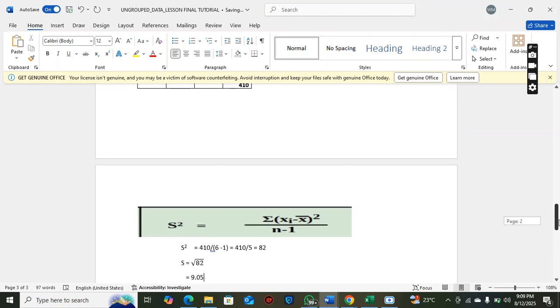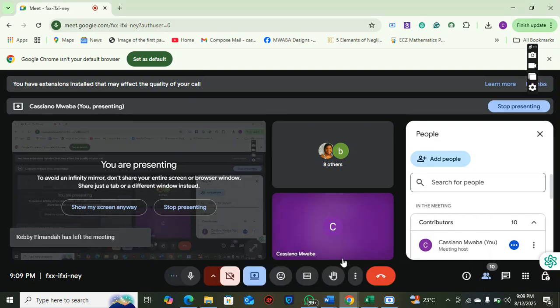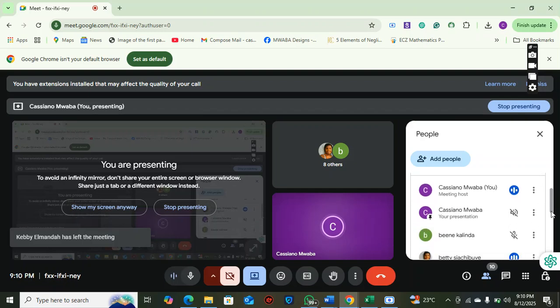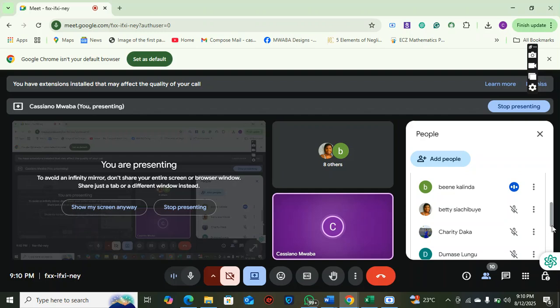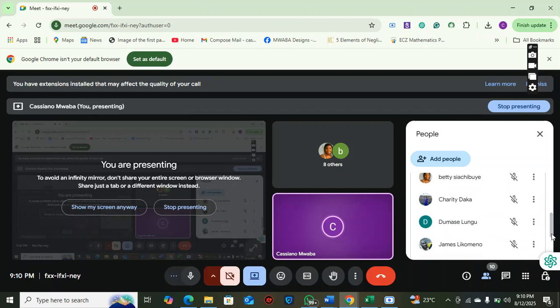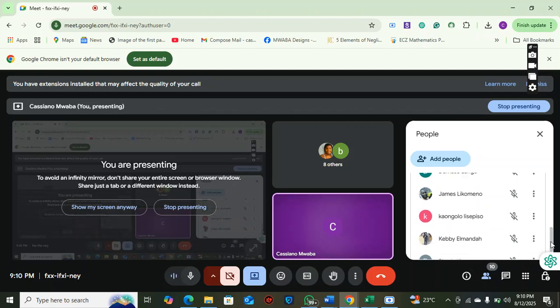Because most of you say we need to review standard deviation. So any questions so far? James, Madam Betty, Madam Kalinda, Madam Charity, Madam Dumase, Mr. Kaungolo, Madam Rhoda.